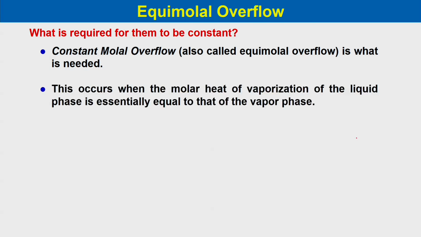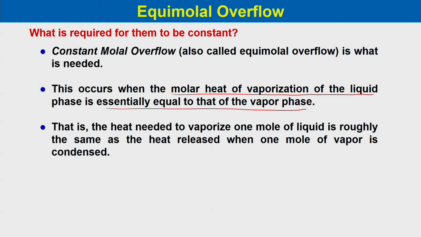Constant molar overflow, also called equimolar overflow, is what is needed for the liquid and the vapor flows to be constant. This occurs when the molar heat of vaporization of the liquid is essentially equal to that of the vapor phase. That is, the heat needed to vaporize 1 mole of the liquid is roughly the same as the heat released when 1 mole of vapor is condensed.